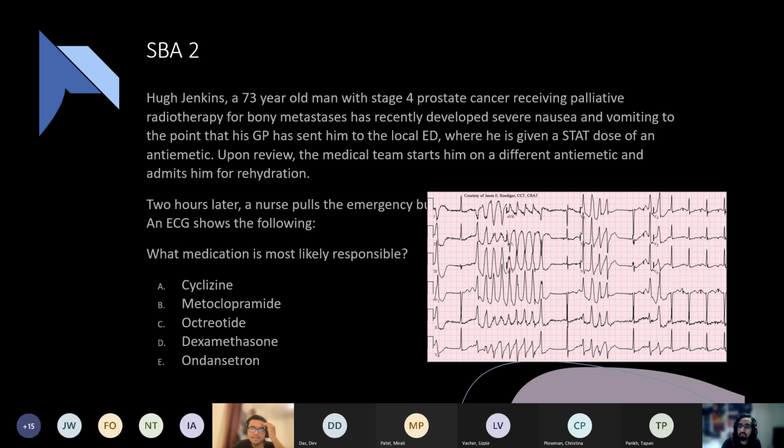There is a bit of a split between A and B, which are the most popular options, and E. Someone will have a go at what the ECG is. To be fair, it's a bit of a mess. Perfect. This is a polymorphic ventricular tachycardia, and usually what's one of the biggest risk factors for a polymorphic VT?